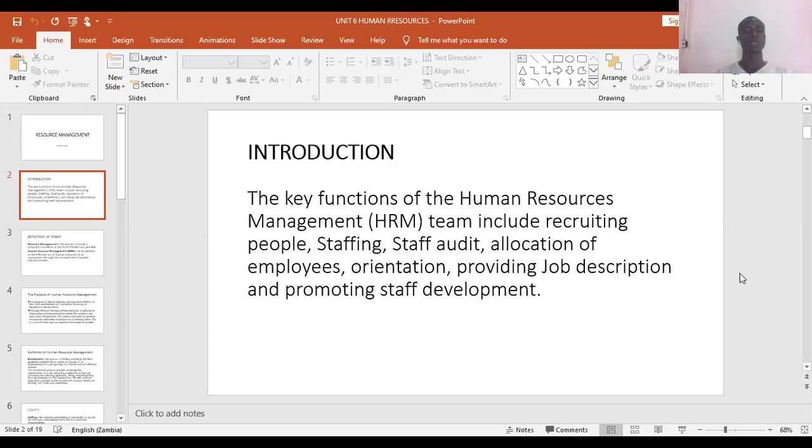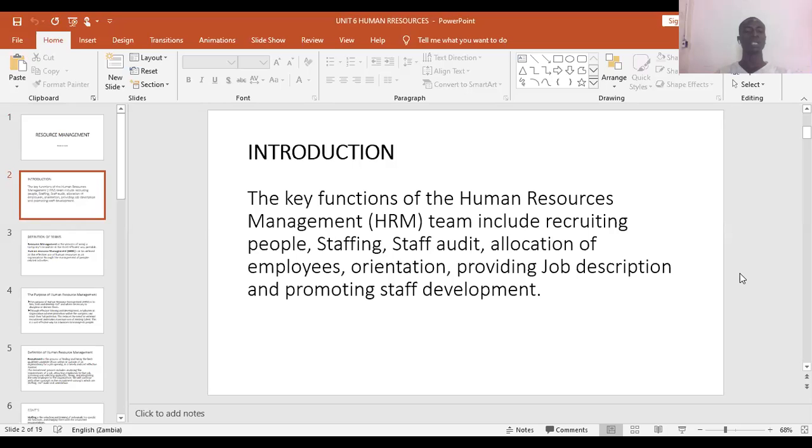If you look at human resource management, you look at the whole entire process of recruitment, staffing, staff audit, allocation of employees, work orientation, providing job description, and also promoting staff development.